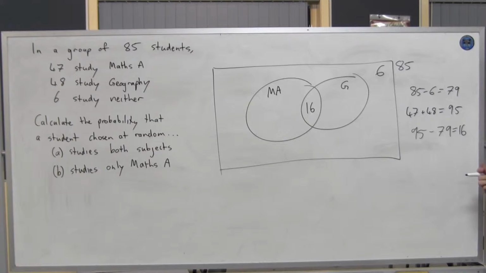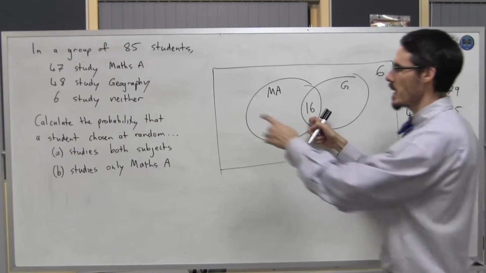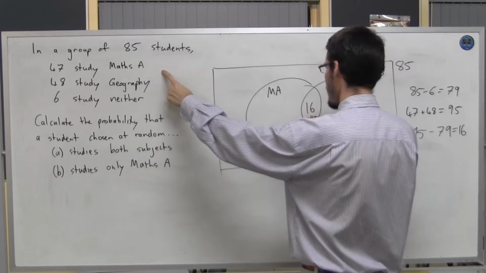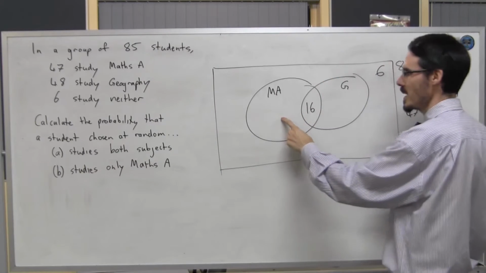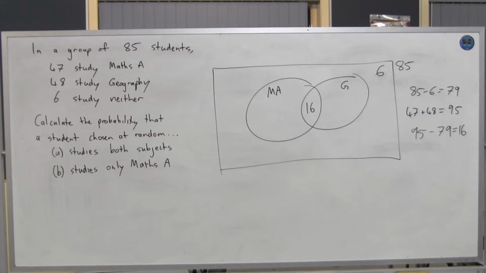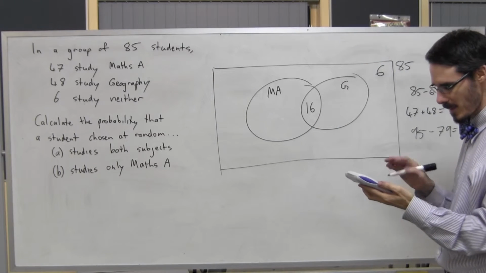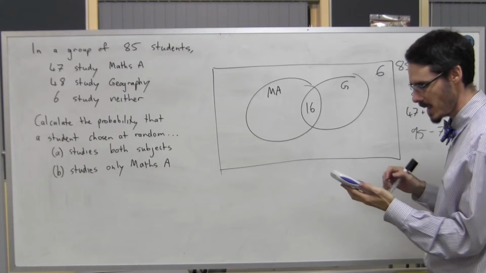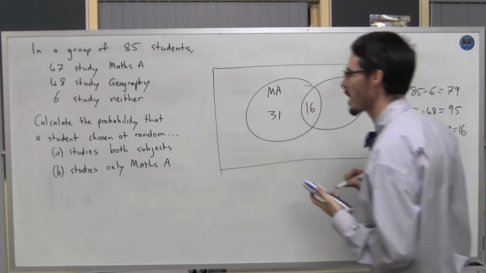If there's 16 who study both, and there's 47 doing Maths A, then how many do only Maths A? 47, take away 16. Just to make sure I don't make a mistake, 47 take 16 is 31.